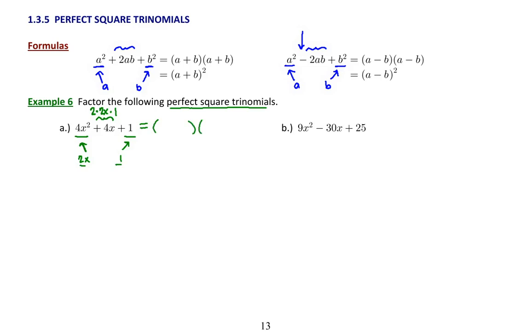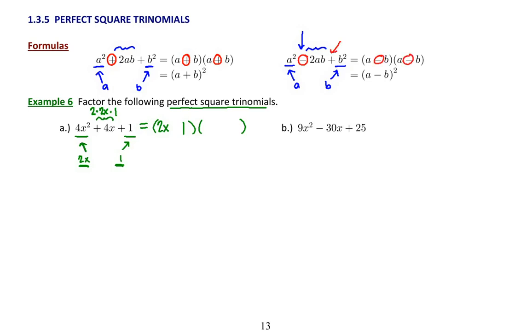So we're going to factor it as two matching binomials where the first term is that square root of the first term that we noticed over here. The second term is the square root that we noticed over here. Now, again, notice back in our formulas, if my leading sign is positive, then my two signs are going to be positive. If my leading sign is negative, my two signs are going to be negative.